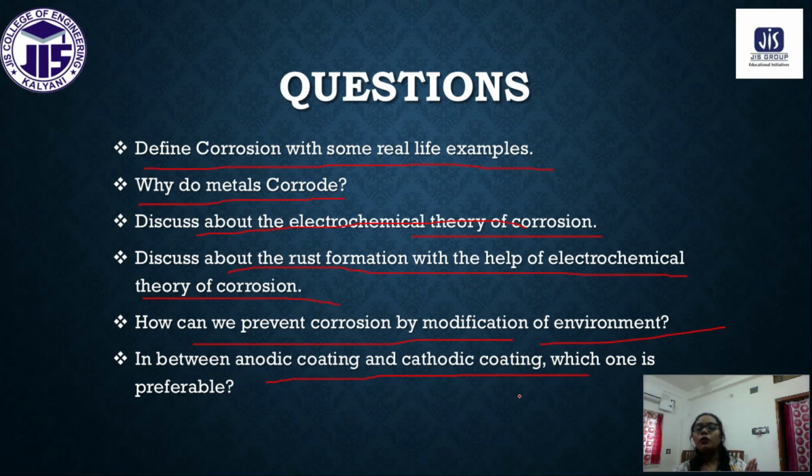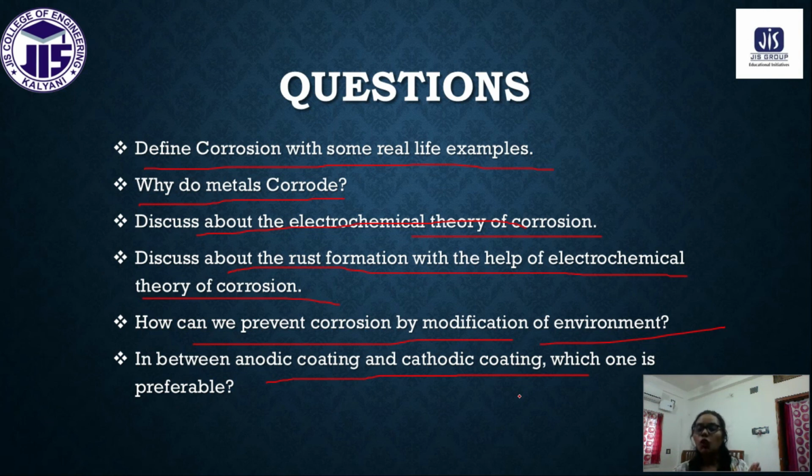In anodic coating, the base metal is coated with a metal having a higher oxidation potential, and in cathodic coating, the coating material has a lower oxidation potential than the base metal.